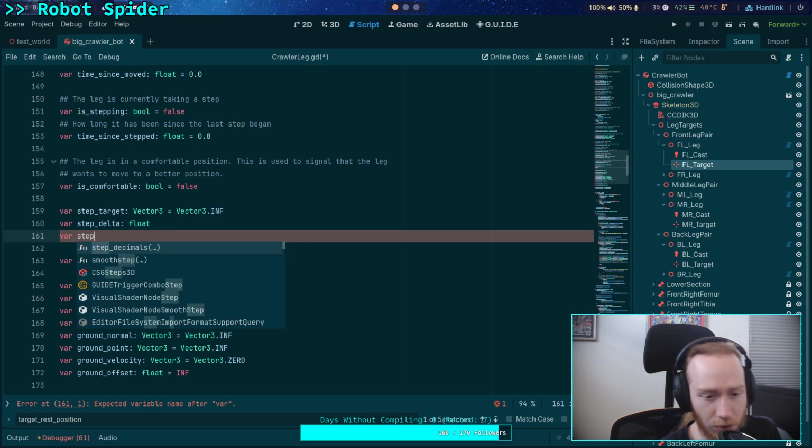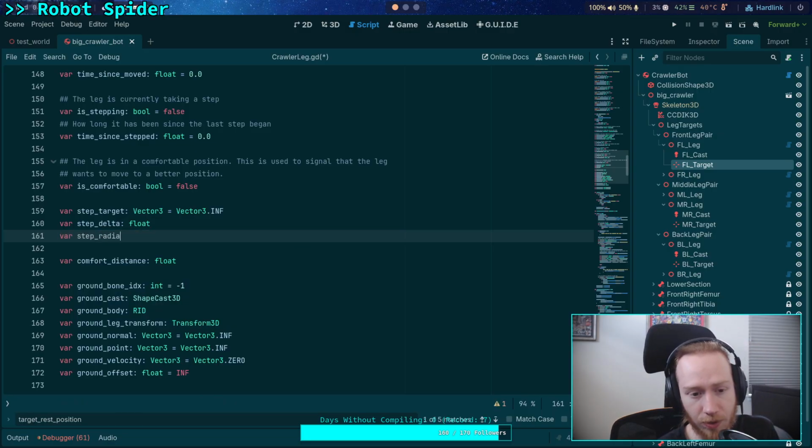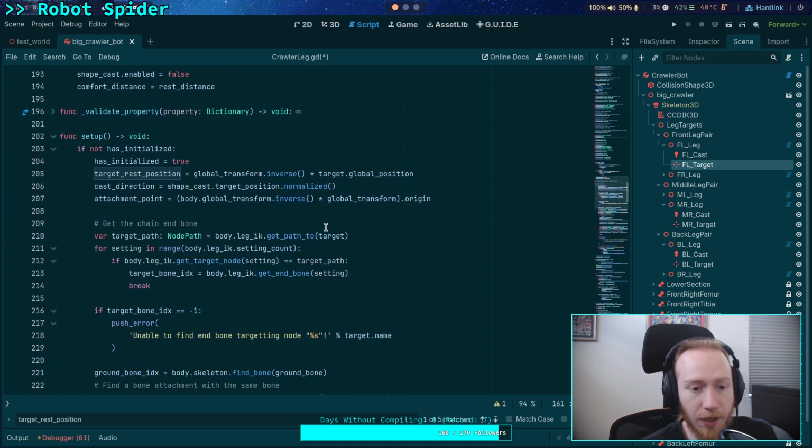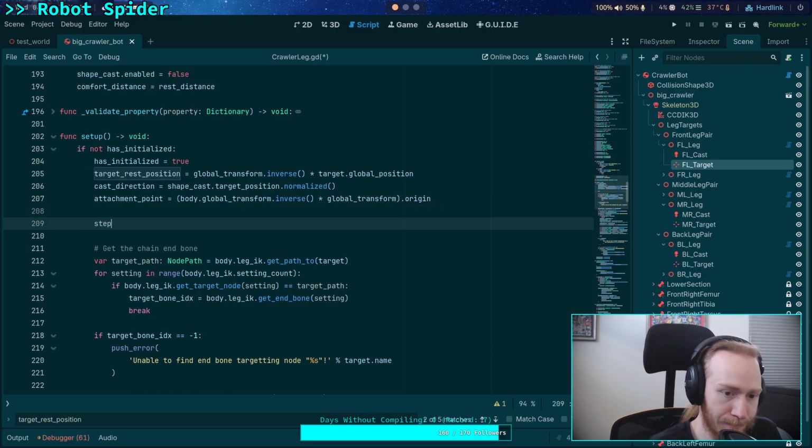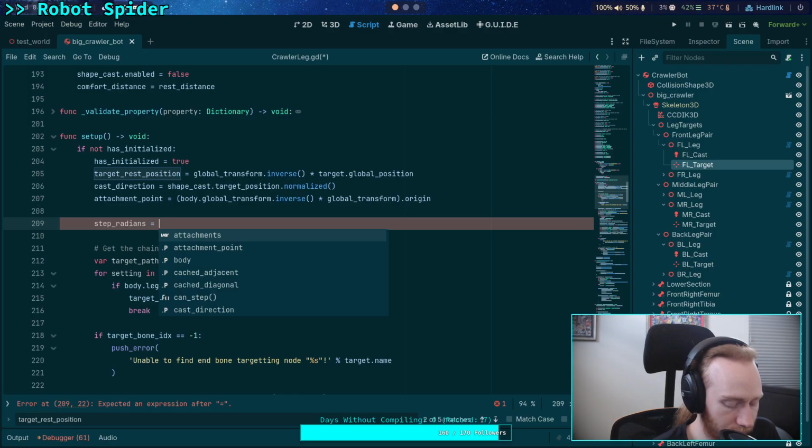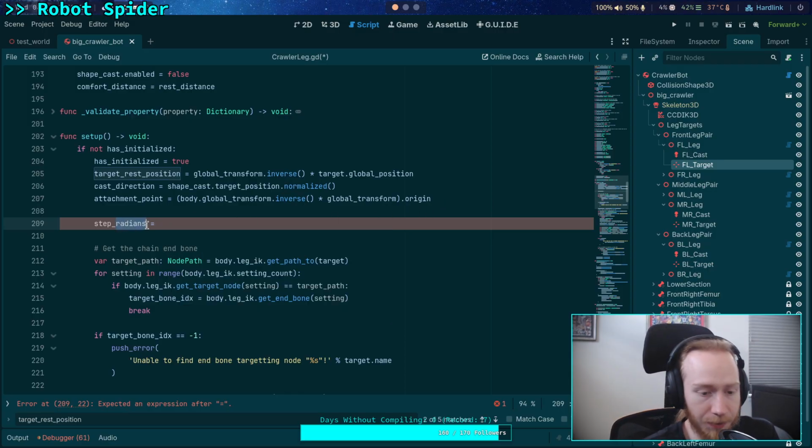I guess I call this step, I'll just call it step radians. Then I set it up here. I'll call it a step sweep length.